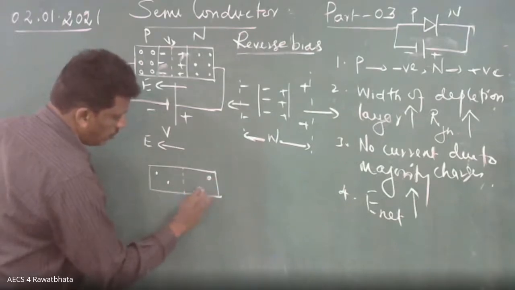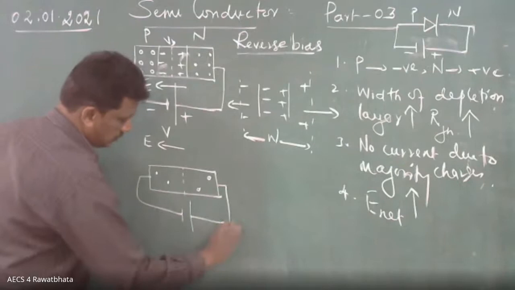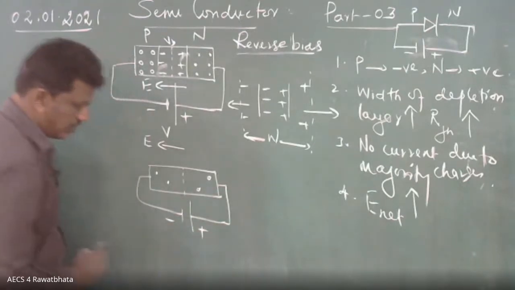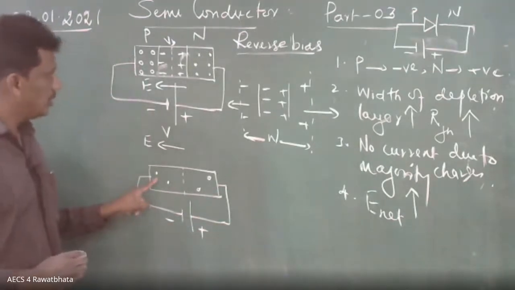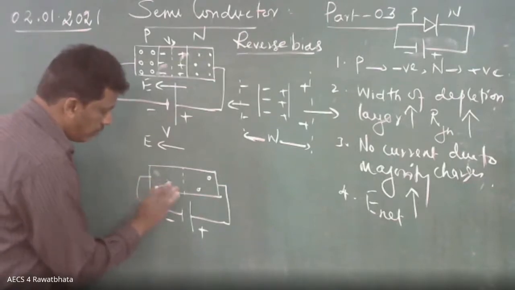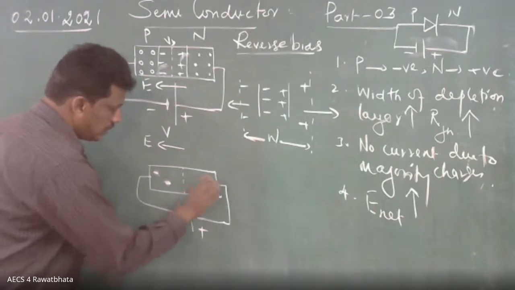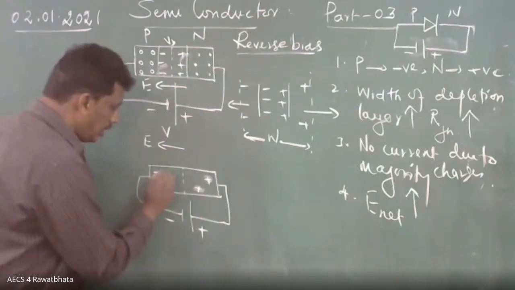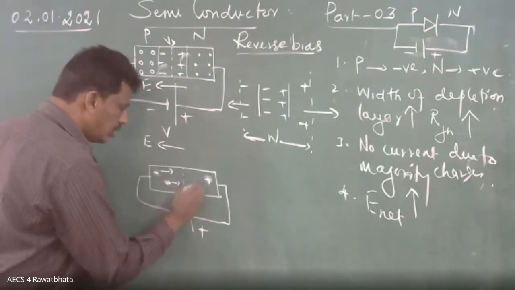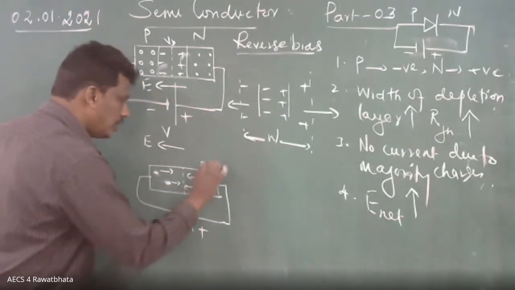Here you have holes. You see minus, here plus. This is minority here. If you have a problem, I will put minus, plus, plus. So automatically they will move here. What is this? Minority.